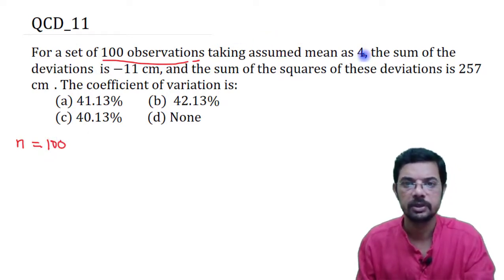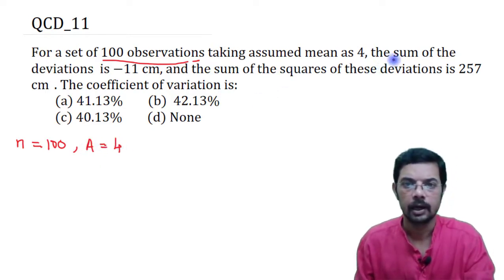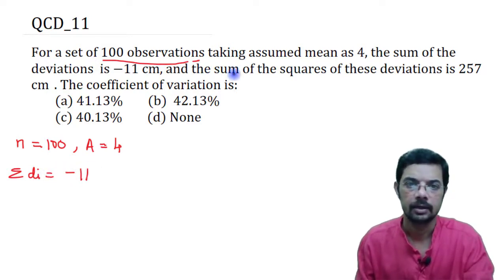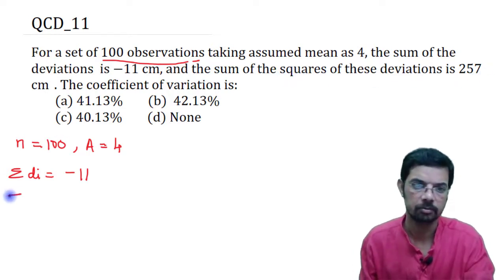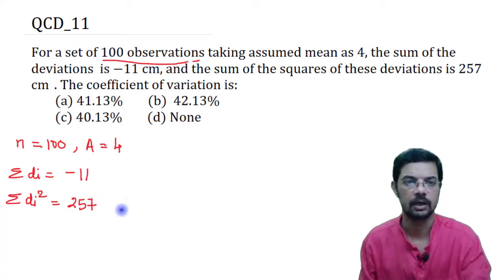The assumed mean is given as A equal to 4, and the sum of deviations, sigma di, is equal to minus 11, and the sum of squares of deviations, sigma di square, is equal to 257. We have these values given to us.